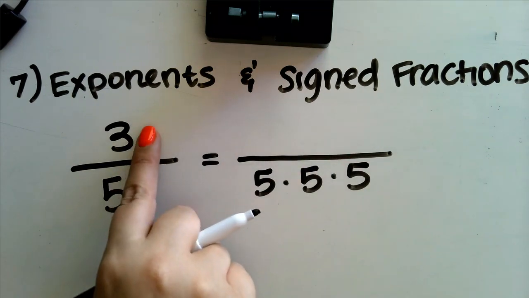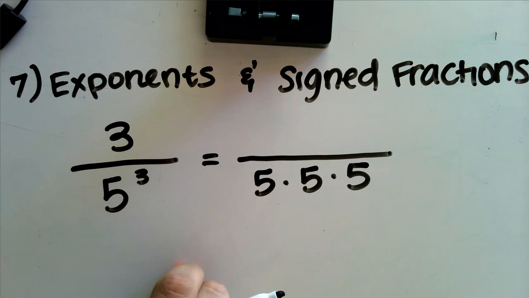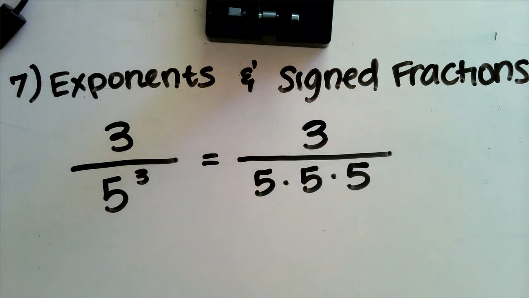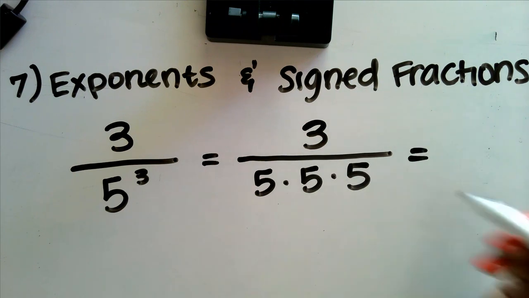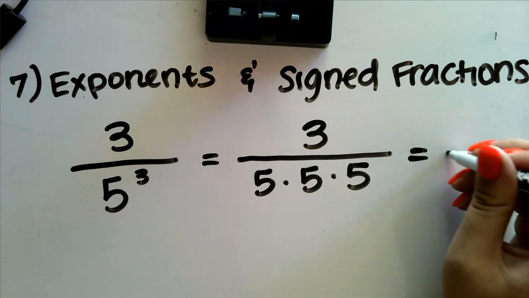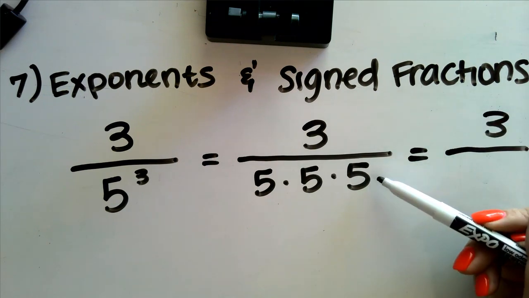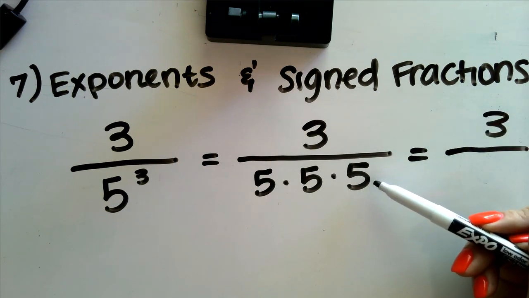Now, there's no operation or anything happening in the numerator of our problem, so I'm just going to bring that over, okay? Now, again, there's nothing happening in the numerator, so I'm just going to bring that over again, but down here I do have some multiplication that is going on.